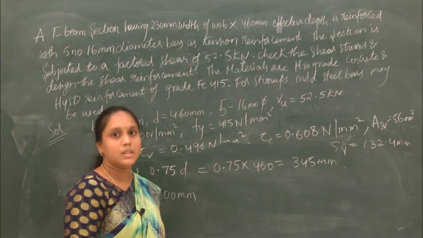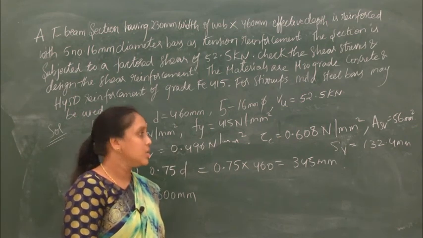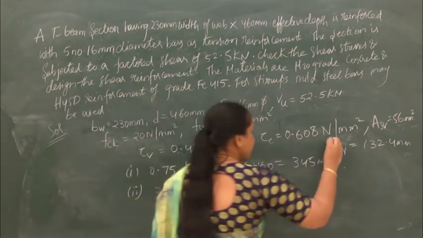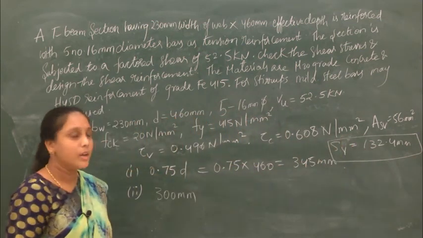So out of these three, which one do you have to consider? Whichever is least, that value is what you have to provide in the design for your shear reinforcement. Out of these three, which one is the least? This is the least value, and this value has to be provided.